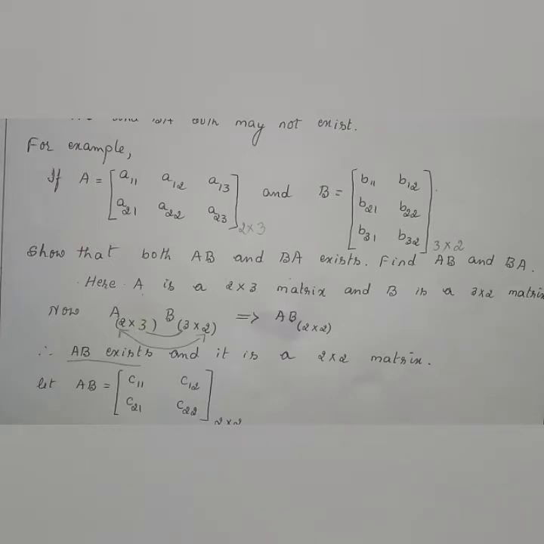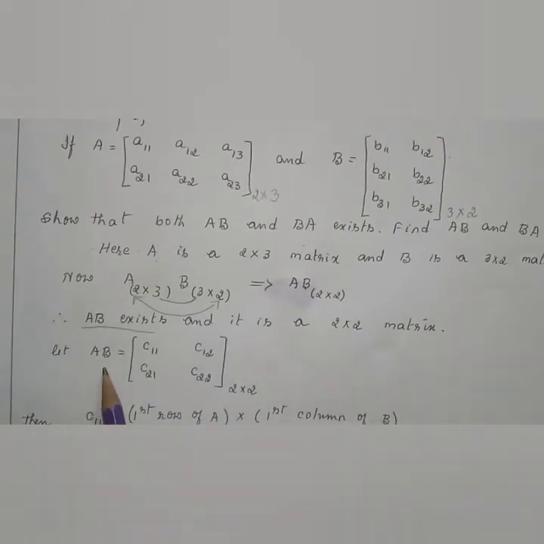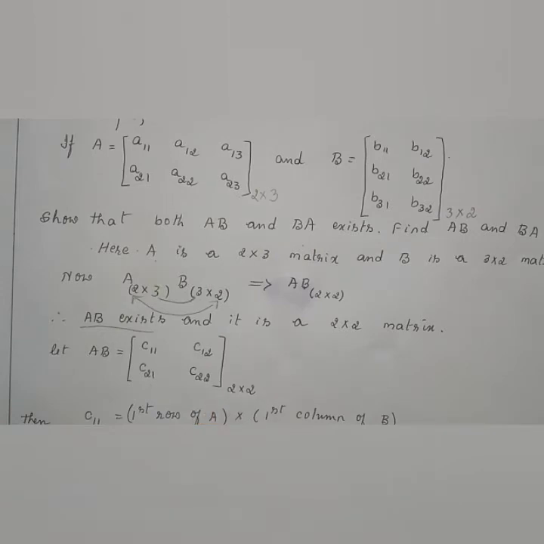Let's take AB as C11, C12, C21 and C22. Order 2 by 2 means there are only 4 entries. What is C11, C12, C21 and C22?